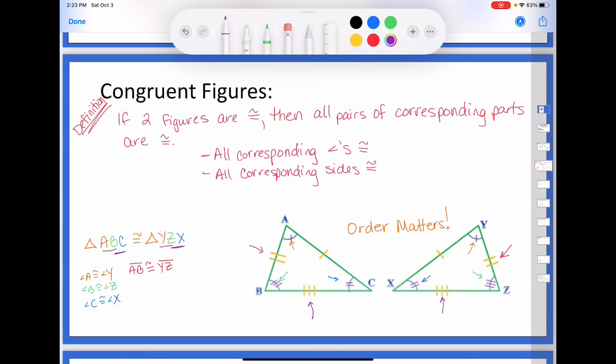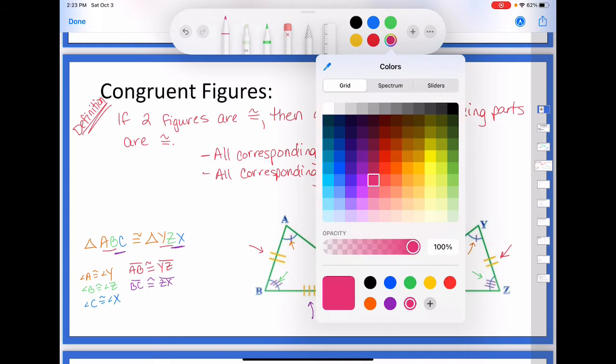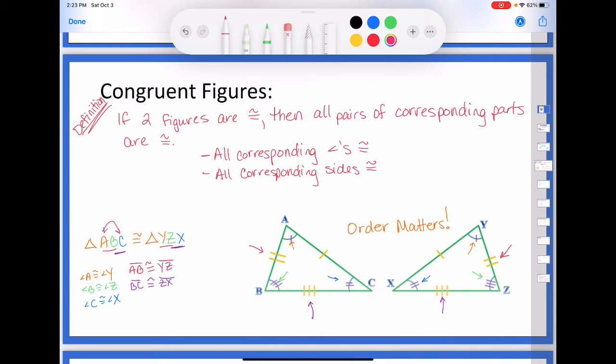They're both marked the same. They're congruent, BC congruent to ZX. And then I could also look at the first and last, right? AC and YX. AC, congruent to YX. So all those corresponding parts are congruent, and that's why we have to write them in that order.